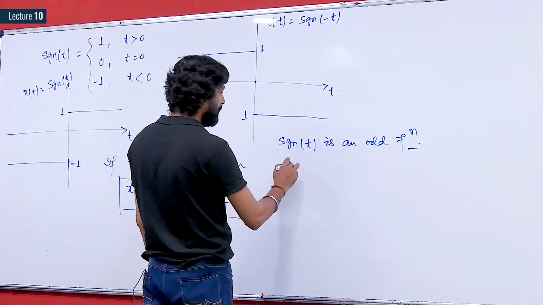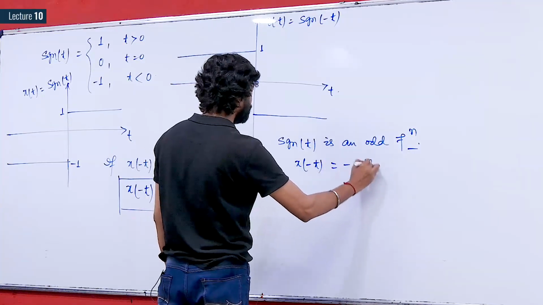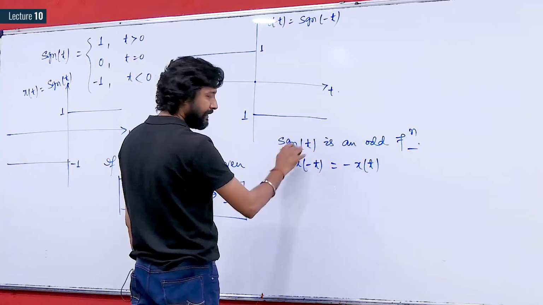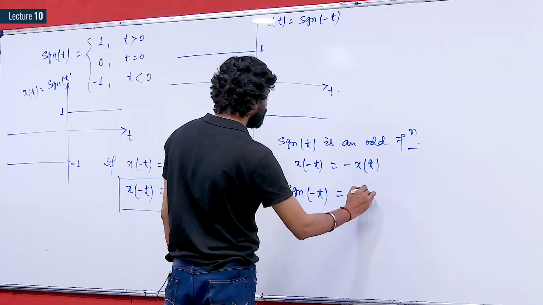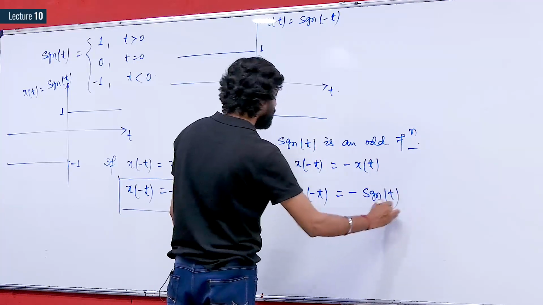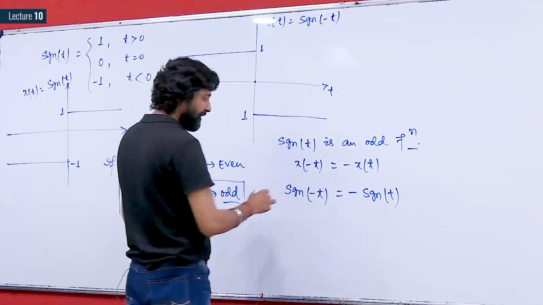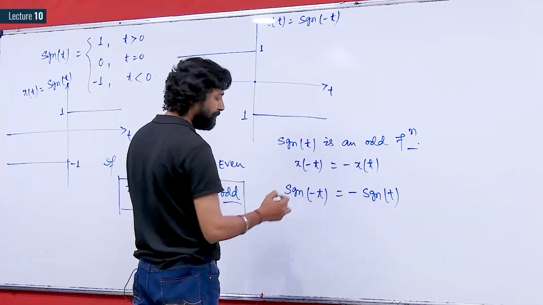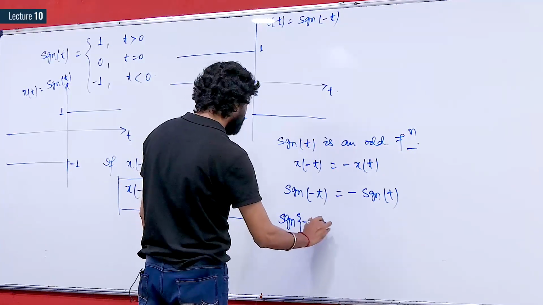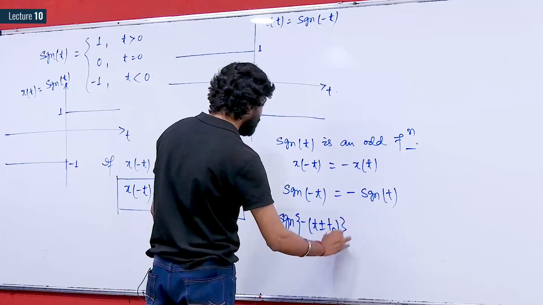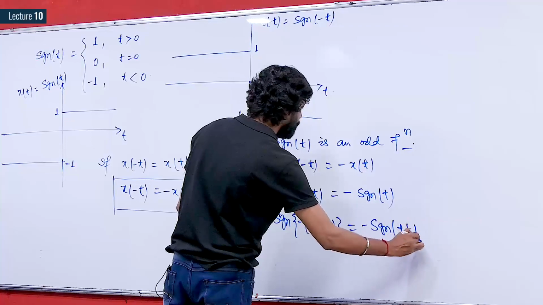So x of minus t is minus of x of t; with x of t as signum of t, signum of minus t is minus of signum of t. Now again, if you replace t by t plus or minus t naught, then signum of minus of t plus or minus t naught is the same as minus of signum of t plus or minus t naught.